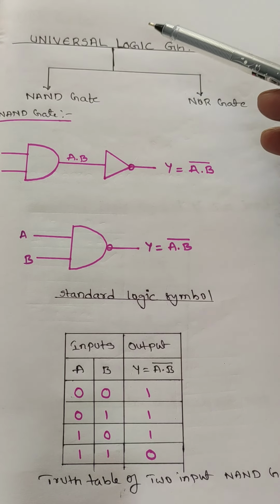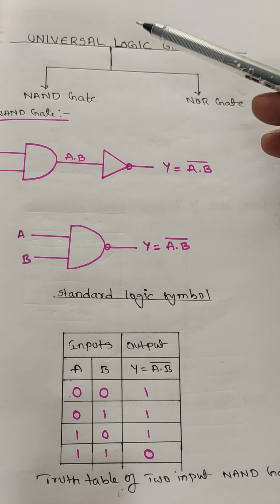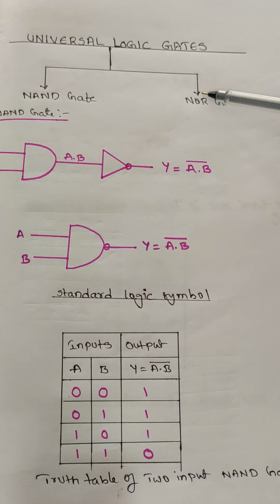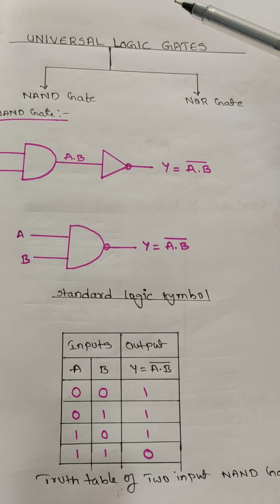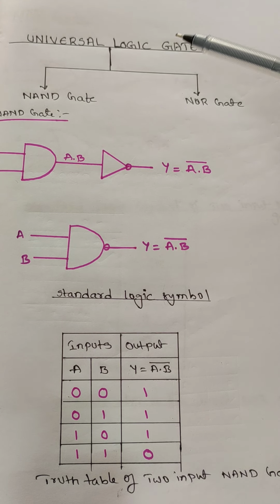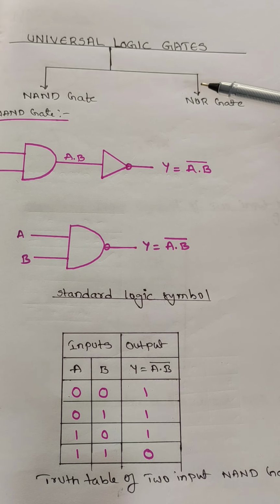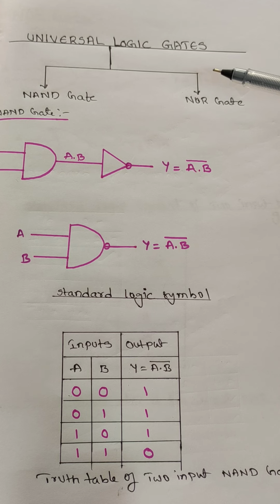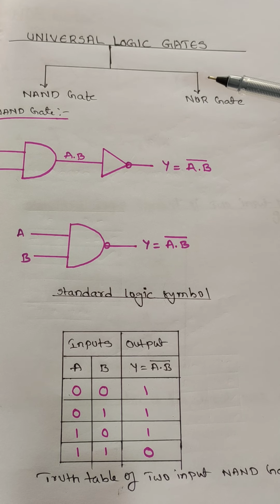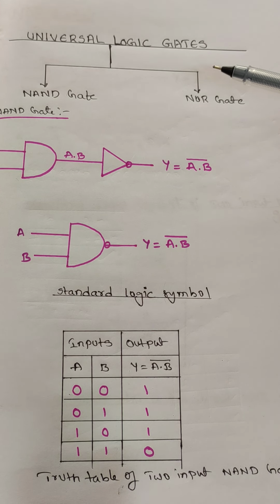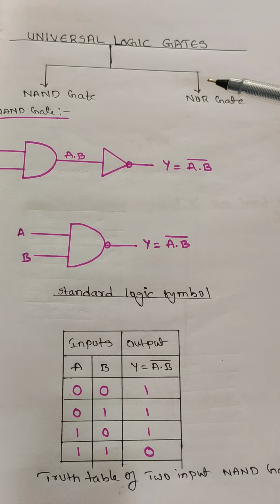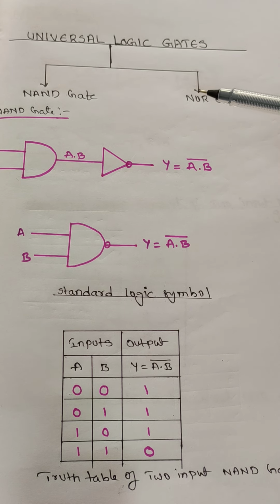Here, universal logic gates are two gates: the NAND gate and the NOR gate. NAND gate and NOR gate are called universal logic gates, and these gates are very popular because of their universal function. Why? Because NAND and NOR gates are used to construct all the basic gates like AND gate, OR gate, NOT gate.